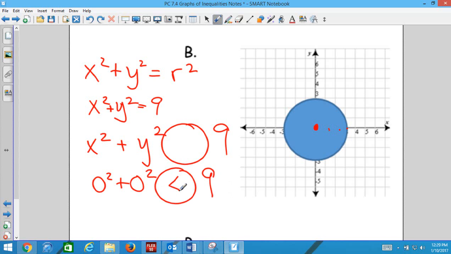Less than. Is it going to be less than, or less than or equal to? Why is it going to be equal to? Solid line. So less than or equal to 9. You just have to find the equation that makes that picture. Okay, next one. So it would be dotted around. It was just less than.